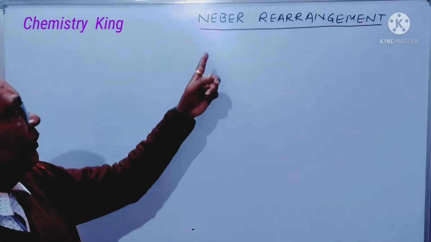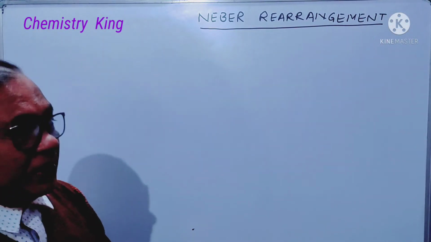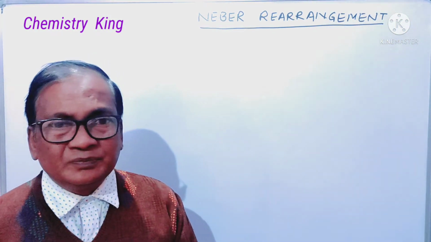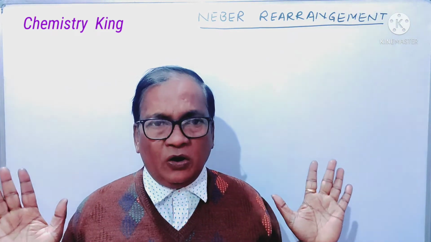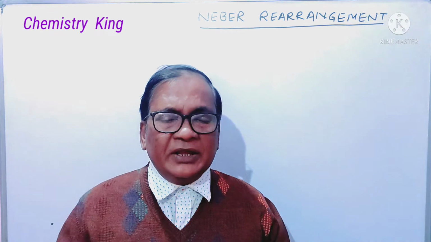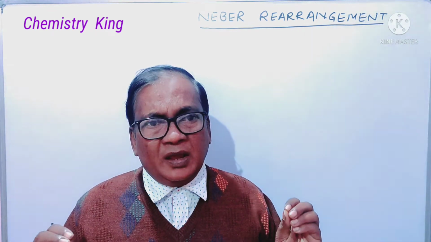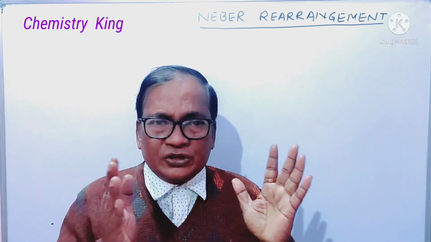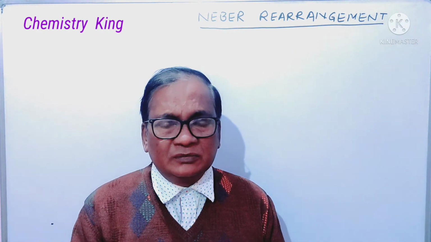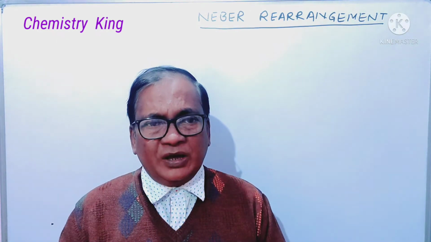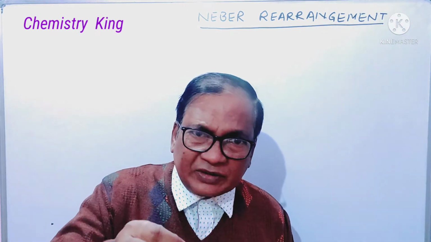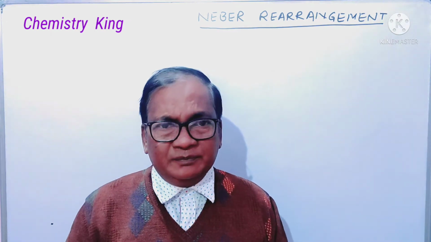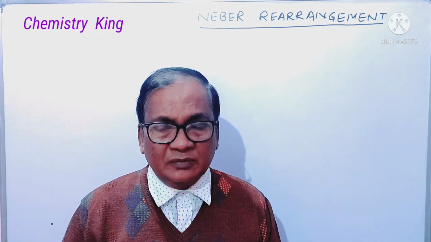Today we will discuss neighbor rearrangement. Before we start, we have to recall that many rearrangements have been discussed. Some of the rearrangements involve electron deficient carbon, that is carbocation.